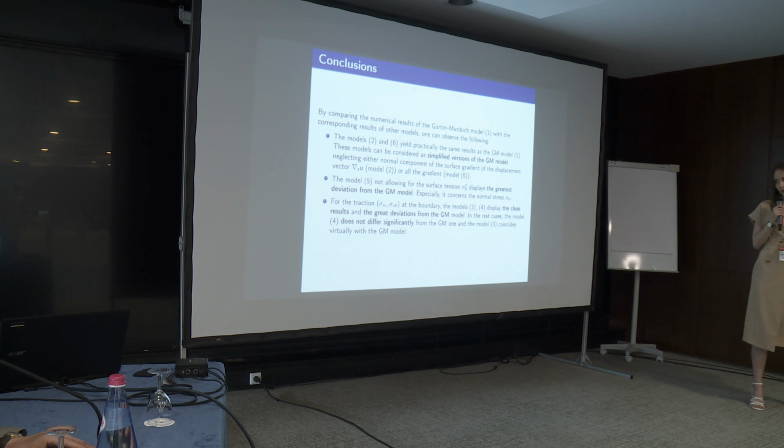If we calculate some results with finite element methods and have good agreement with the fifth model, we know this has a big difference from the full model of Gurtin-Murdoch, but we have qualitative agreement. So in the future we plan to make a similar analysis for more complex defects and also analyze how it will work for inclusions and non-inclusions. Thank you for your attention.